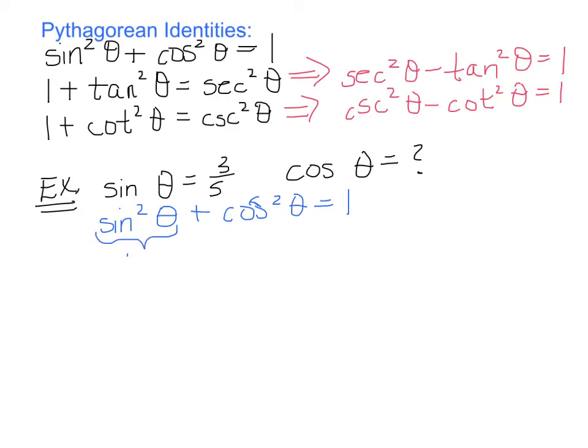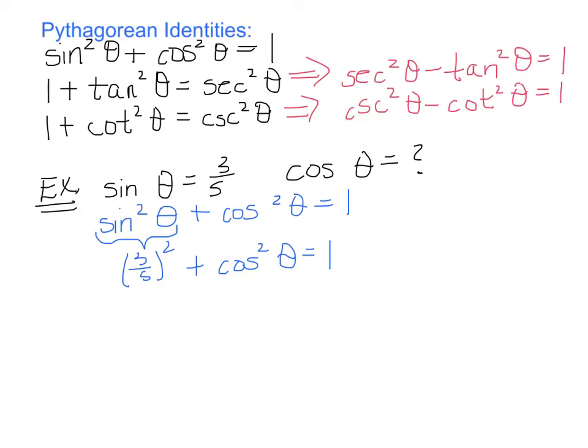So when you plug in 3/5, you have to square it. And then you're going to do this like a regular algebra problem. I'm going to rewrite this so it's clear. You're going to actually solve for cosine squared theta as if it was like x squared.